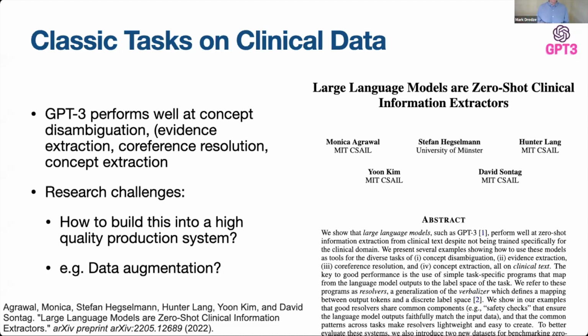You might want this because you want to do research, or you might want to ensure certain safety protocols are being followed. These types of models are a really good way to spin up systems very quickly that do that kind of extraction. They seem to do a pretty good job of it, and this is an ongoing area of research, and they do it almost out of the box, without a lot of investment of time. And so this is becoming a very attractive solution, providing new technology for things that we're already doing in healthcare systems.